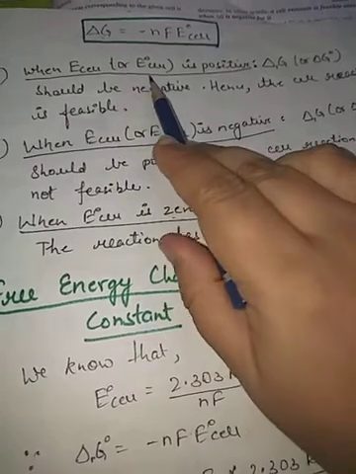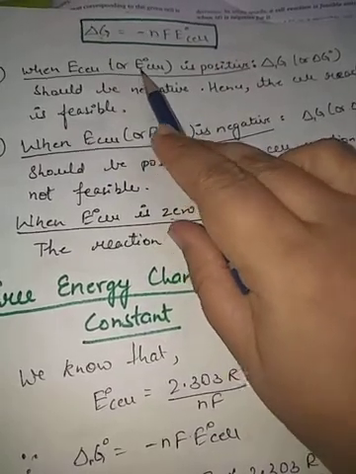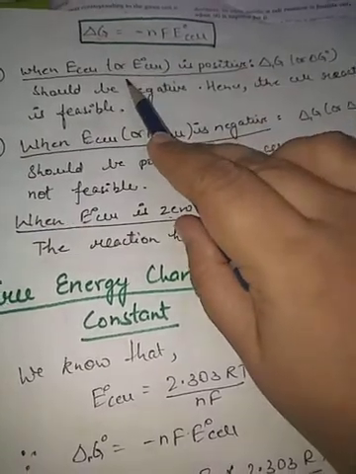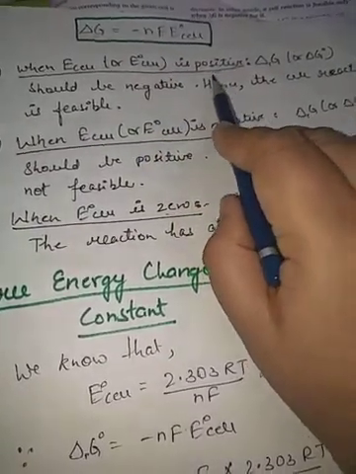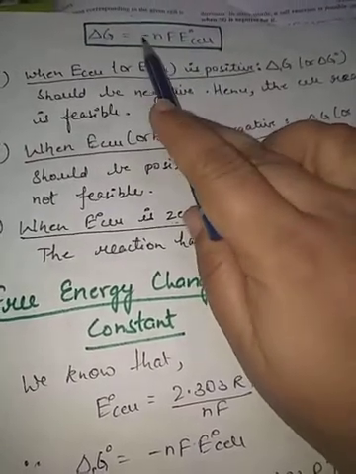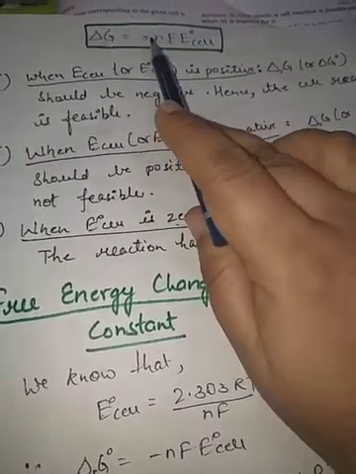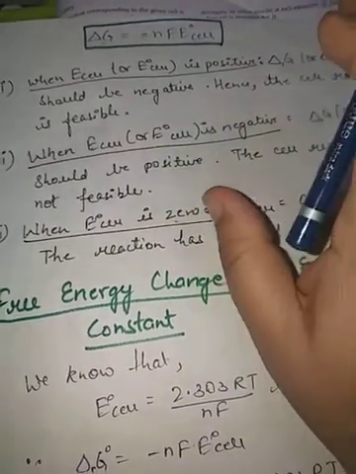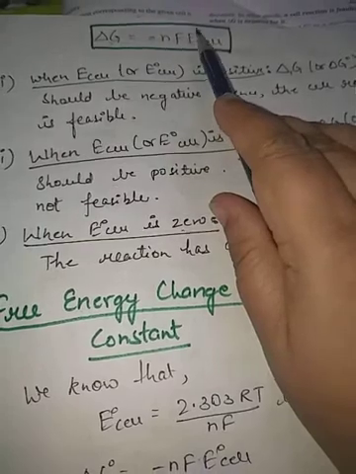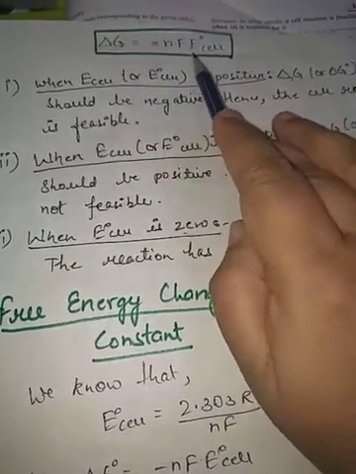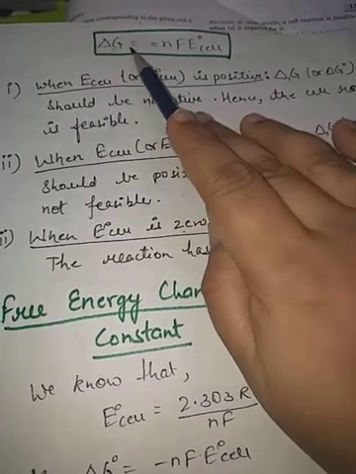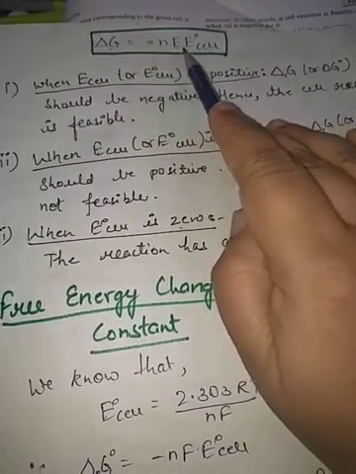Now we will see the relationship between E naught cell and delta G. If E naught cell is positive, it means delta G is negative, and if delta G is negative, the reaction is feasible. The relationship clearly says delta G equals the negative of NF E naught cell.